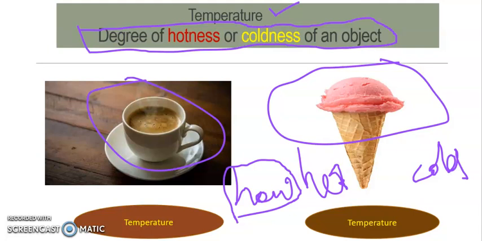Consider the hot cup of coffee: you can say that the temperature is high because it is very hot. And consider cold ice cream: the temperature is very low because it is very cold. So how cold an object is, there the temperature is low. This is what is called temperature.